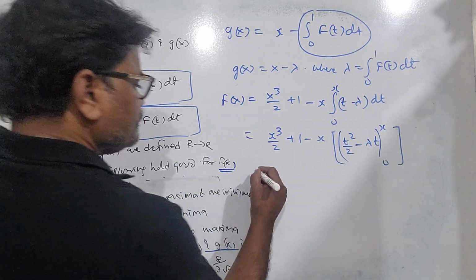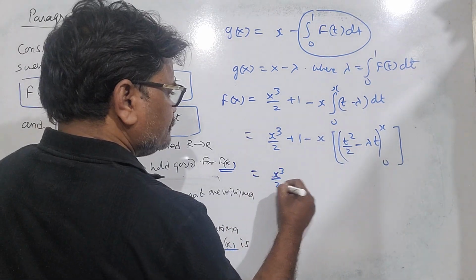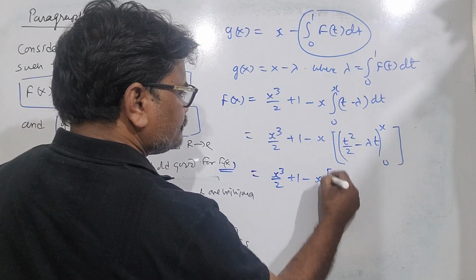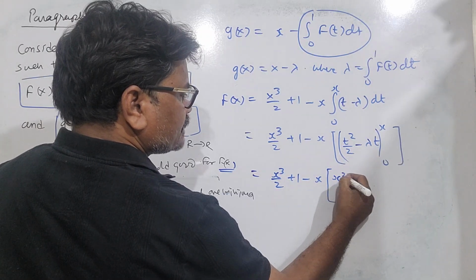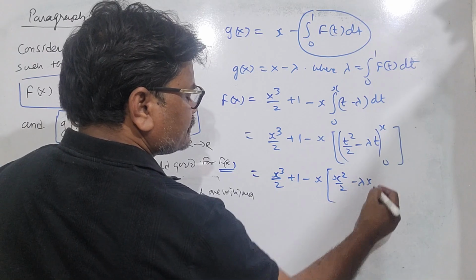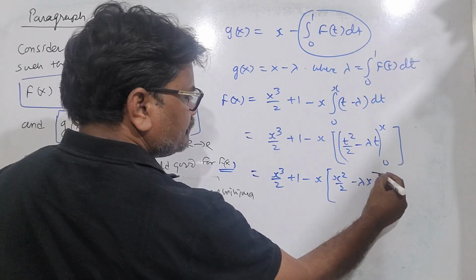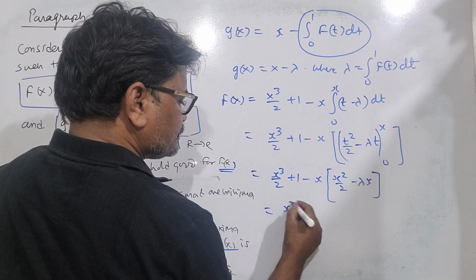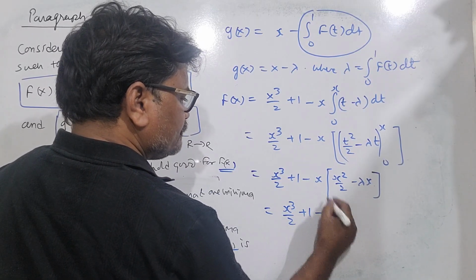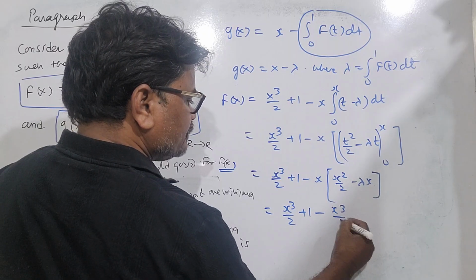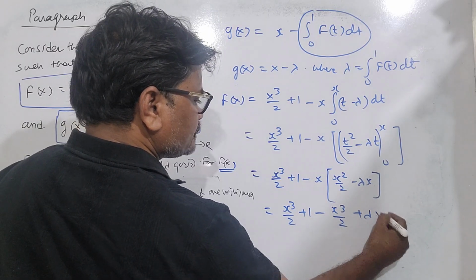Now put the limit. This is x cube by 2 plus 1 minus x into x square by 2 minus lambda x. And when we put t equal to 0, this is 0. This is simple. So finally I am getting x cube by 2 plus 1 minus x cube by 2 plus lambda x square.